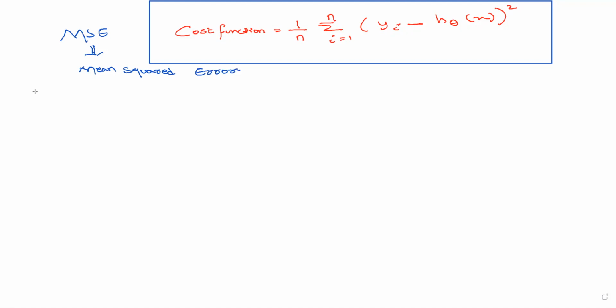So now let's start with what the hypothesis line is and what the cost function is. With the help of the linear line formula, we will draw one hypothesis line, because our aim is to create a best fit line which gives the minimal error.